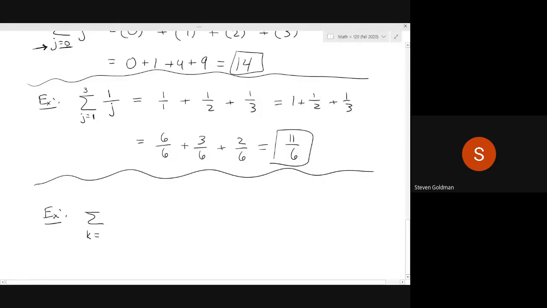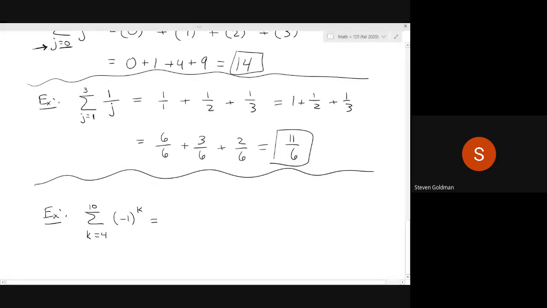All right, so I could write, what is the sum from k equals 4 to 10 of negative 1 to the power of k. Okay.